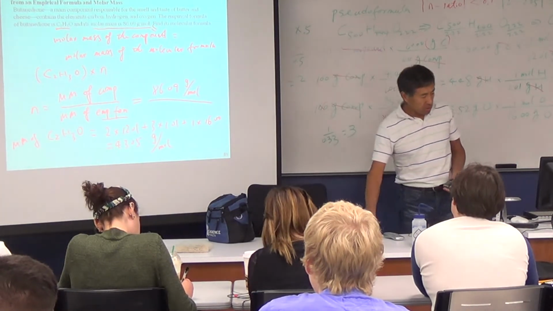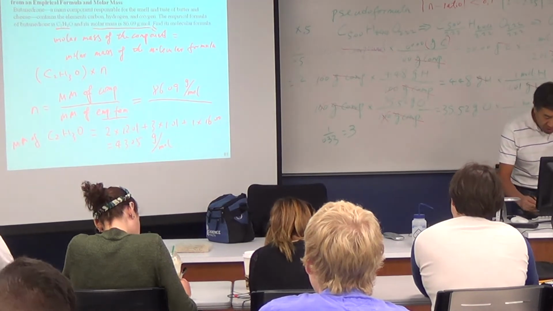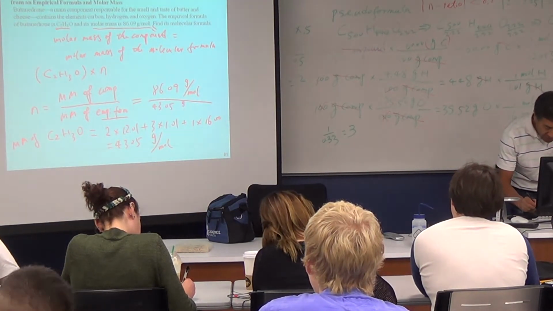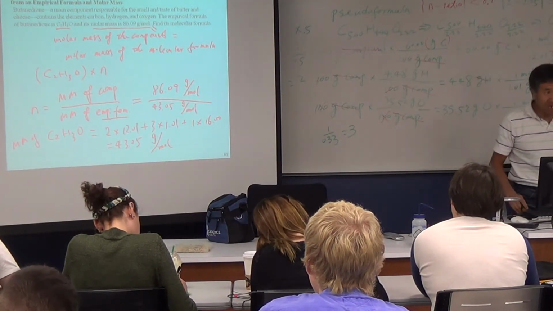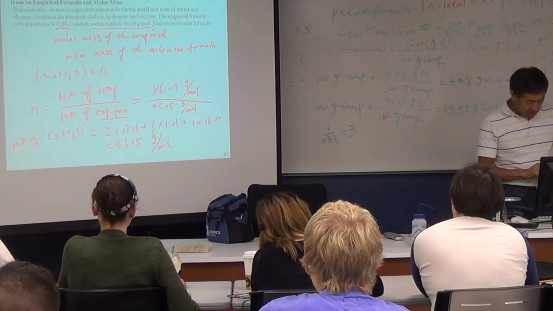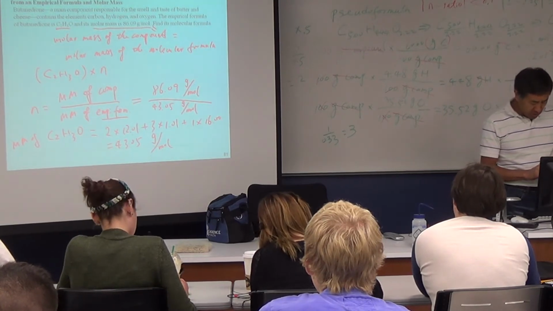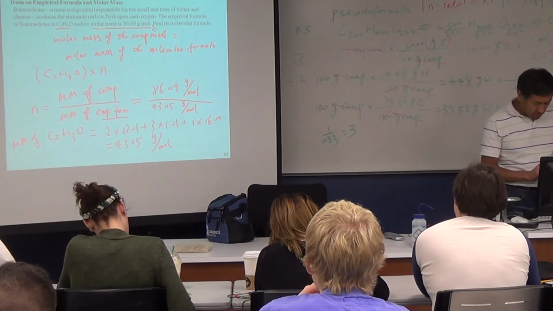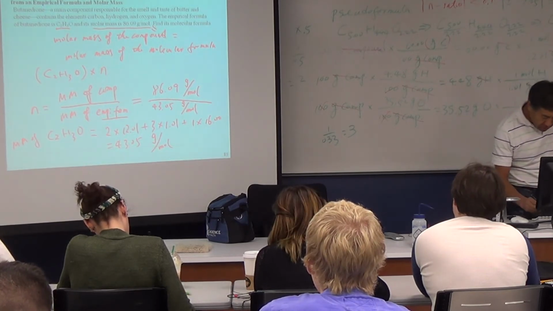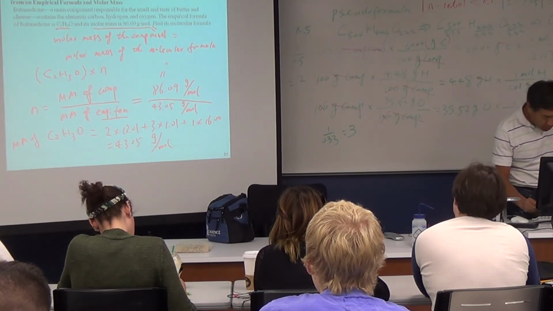Right? So what you do now is take this number with its unit, put it together, and let's see what you get. 86.09 divided by 43.05. Right? So this number changes into 2.02.